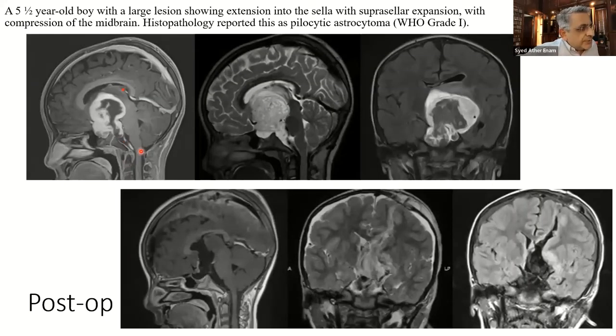Now, sometimes tumors can arise from different regions and project into the third ventricle and through the third ventricle to the foramen of Monro.